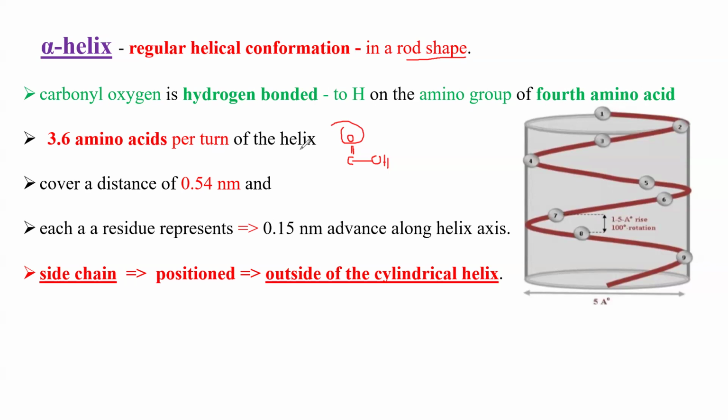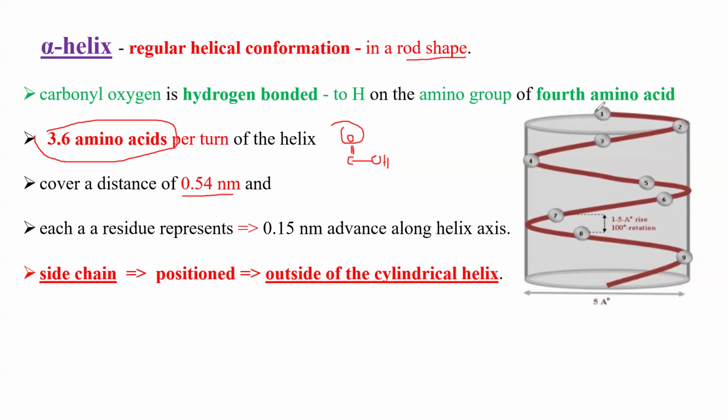In one turn of the alpha helix there are 3.6 amino acids, covering a distance of about 0.54 nanometer. This indicates that each amino acid residue represents 0.15 nanometer advance along the alpha helix axis. The side chains are positioned outside of the helical structure.